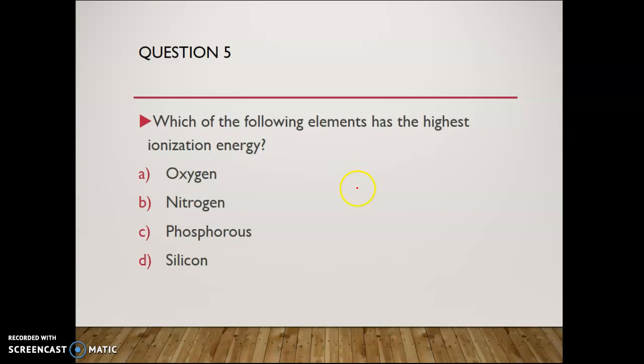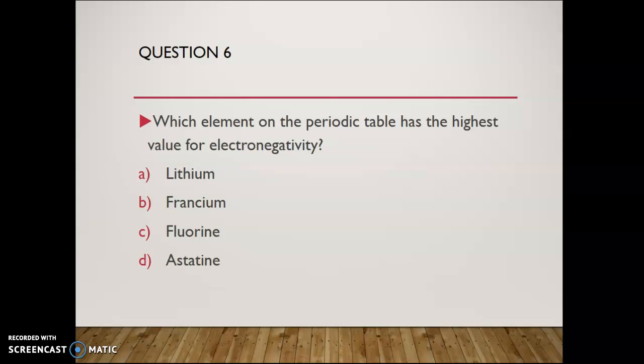Remember, it will be whichever one is closest to helium. Question 6. Which element on the periodic table has the highest value for electronegativity? This element I actually want you to know. You should know that fluorine has the highest electronegativity.